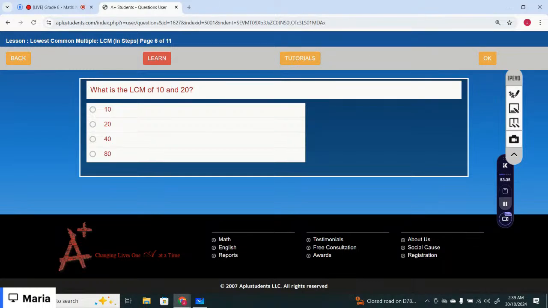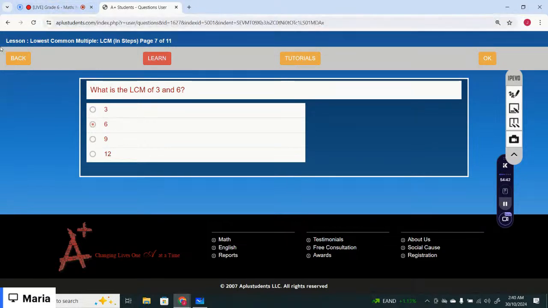The correct option is option number 2. What is the LCM of 3 and 6, which is the correct option? The correct option is option number 2.